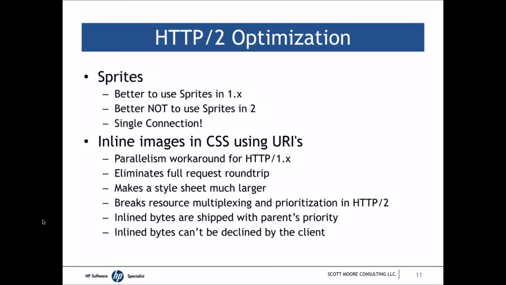When we talk about concatenating files, inlining is one of those things where you're taking CSS files and putting the graphic representation up in the CSS file so it comes down at the same time. What that's going to do, if you continue to do that, is work around some of the built-in things that H2 would do for you, and it would do it smart.